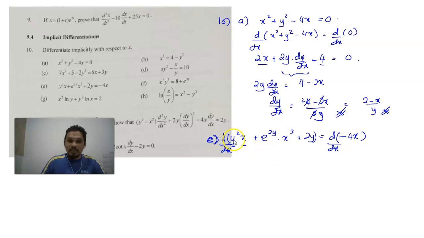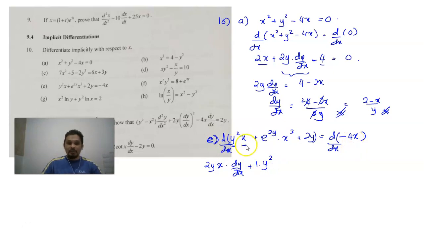First, let's derive y squared, which gives 2y, and because we differentiate y with respect to x, we write dy/dx, plus, now it's time for x: differentiating x gives 1, multiplied by y squared.